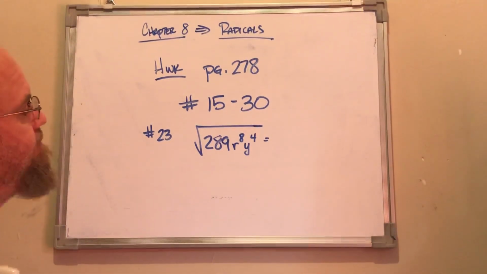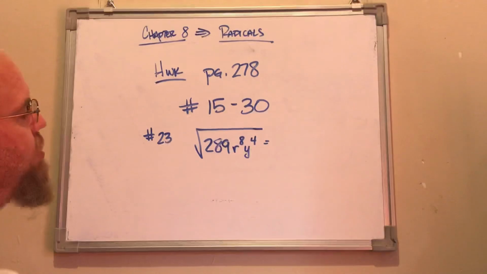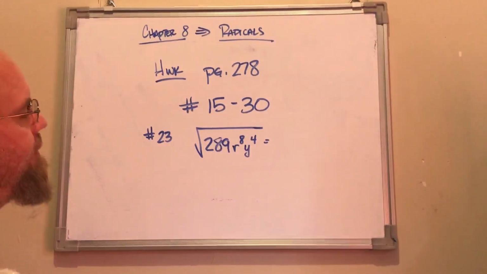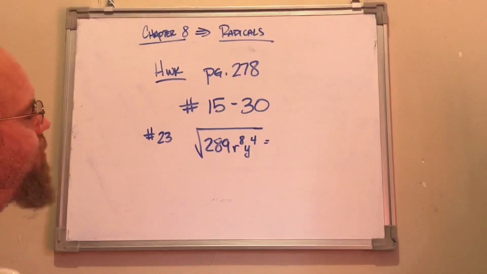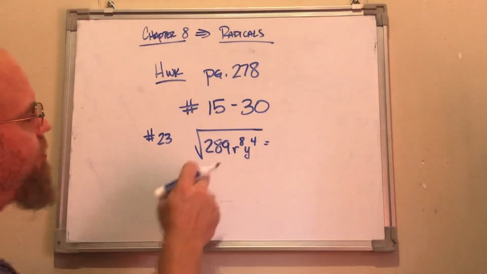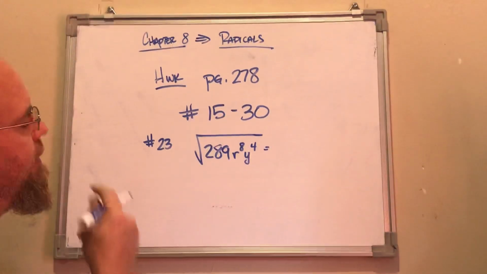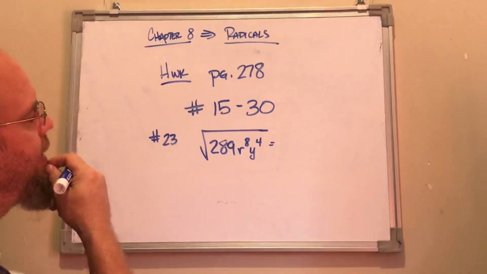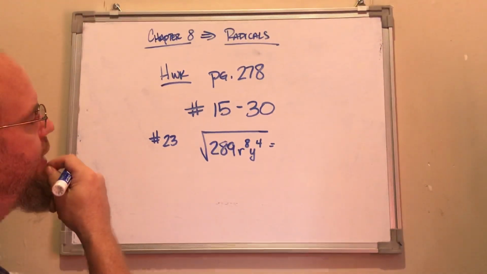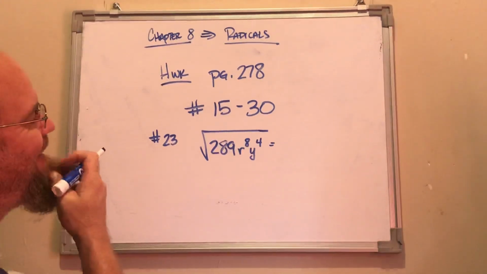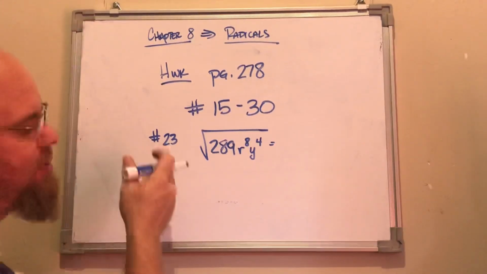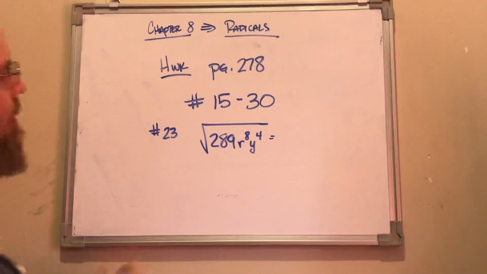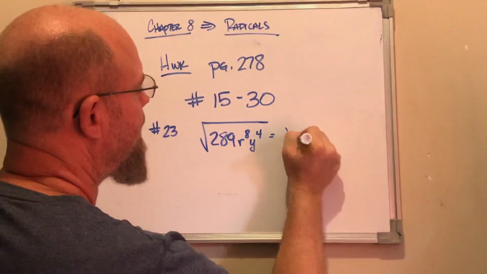Here's a good one. 289. What's the square root of 289? Well, 3 would go into that, right? So 3 times 3 would be 9. No, that's not going to go into that. Huh. I think this one's irrational. I picked an irrational one.